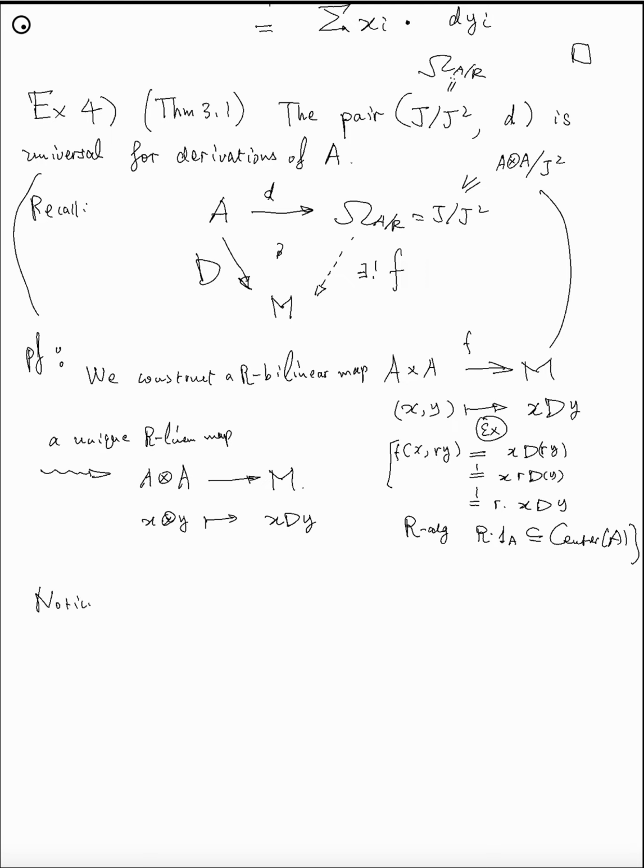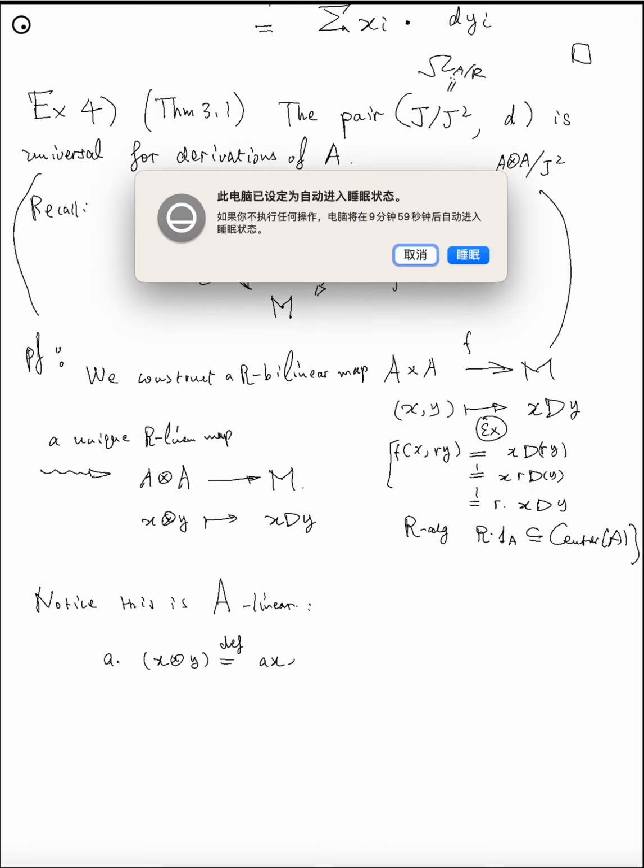Notice this is also A-linear, because by our definition the first part is a module by multiplication of the first factor, right?